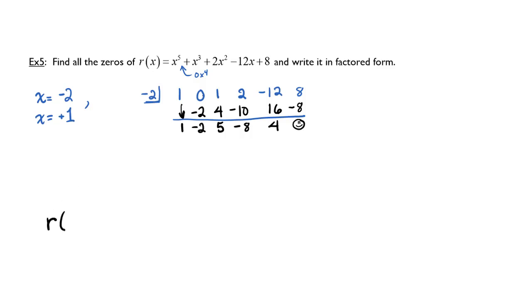So down here, r of x can now be written as x plus 2, my binomial factor with -2 as our 0, times the remainder here, which is x to the 4th minus 2x cubed plus 5x squared minus 8x plus 4.